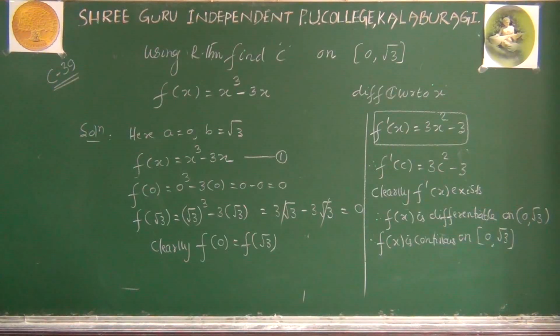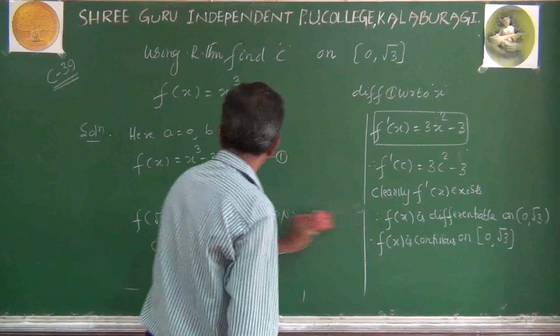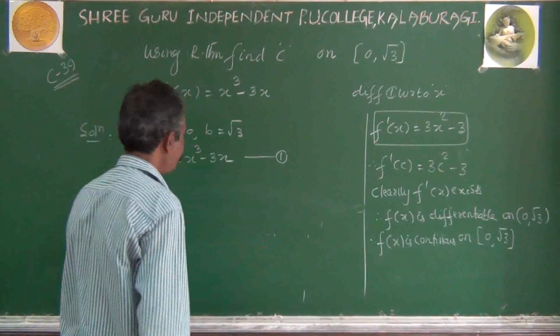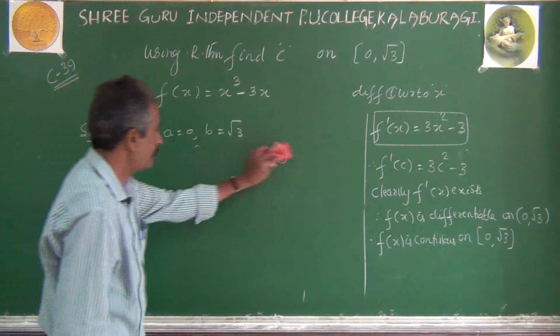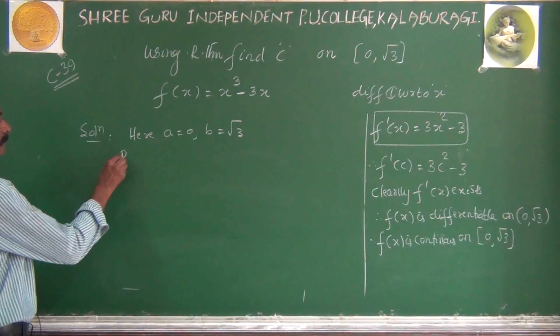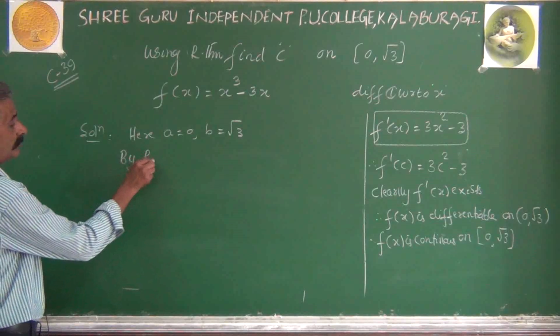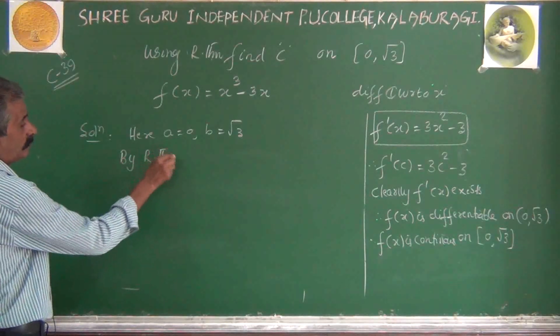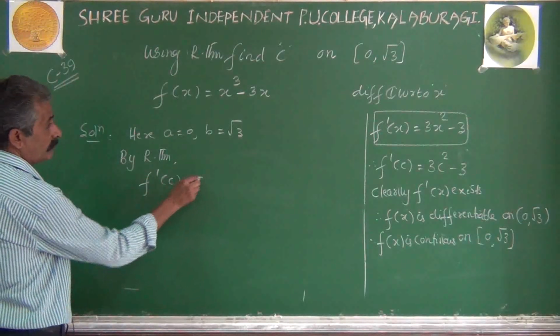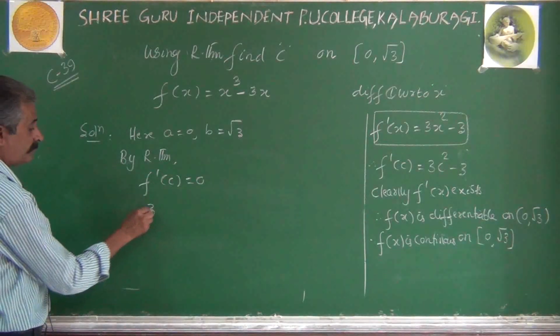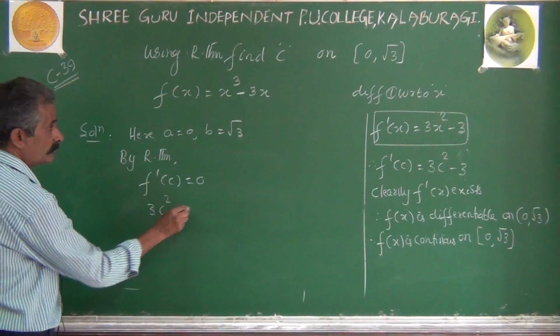We now employ Rolle's theorem. Therefore, by Rolle's theorem, f dash of c equals 0, which means 3c square minus 3 equals 0.